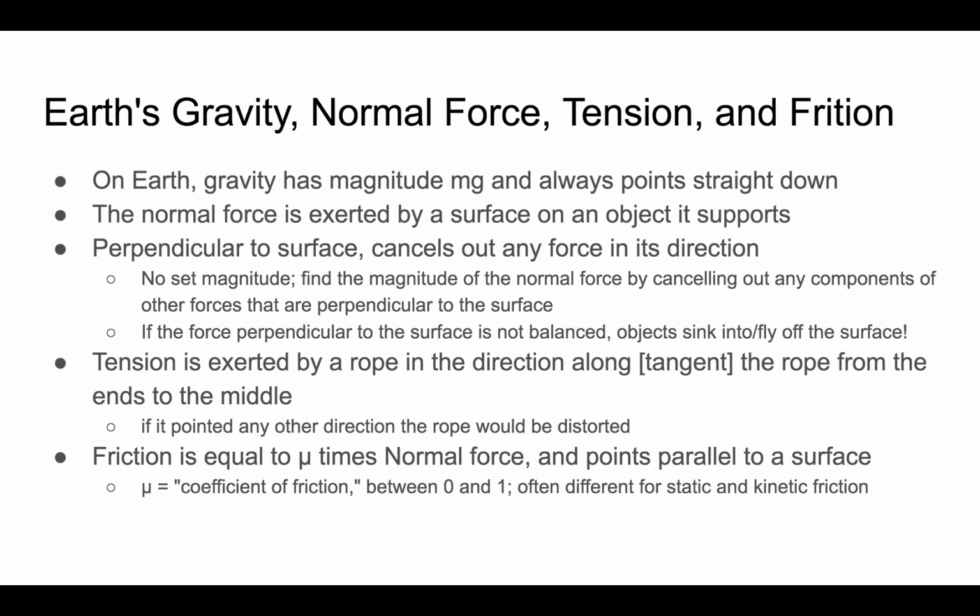We will talk more about tension later in this course, but right now all you have to know is that it's exerted by a rope in the direction along the rope from the end of the rope to the middle of the rope. So the rope pulls objects in. The reason tension points in this direction is that if it didn't, the rope would be distorted. It would be pulled by its own tension force, which is something that doesn't happen.